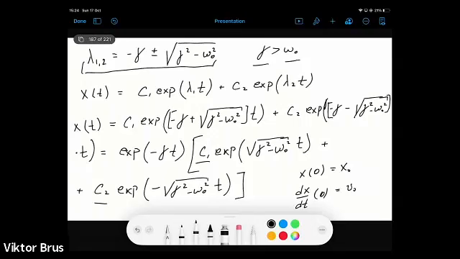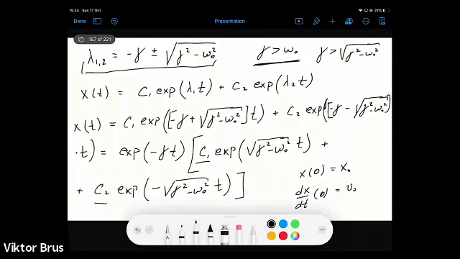When we consider this general form for the solution, in case of the overdamped situation, we need to highlight this fact again, that gamma is larger than omega naught. Since we subtract in this square root, gamma square minus omega naught square, we can also write that gamma will be larger than square root of gamma square minus omega naught square.